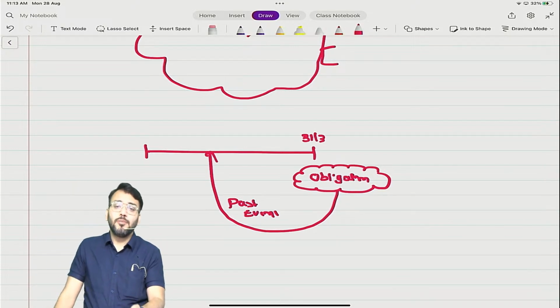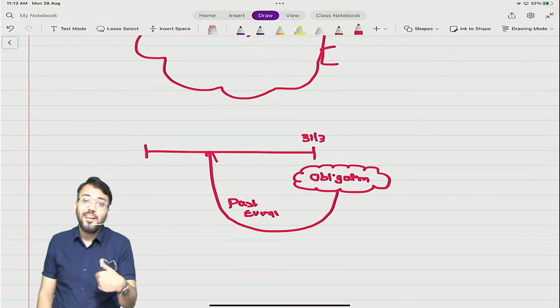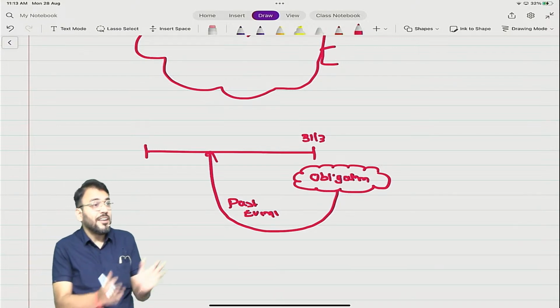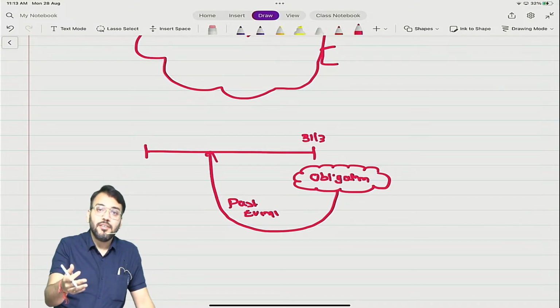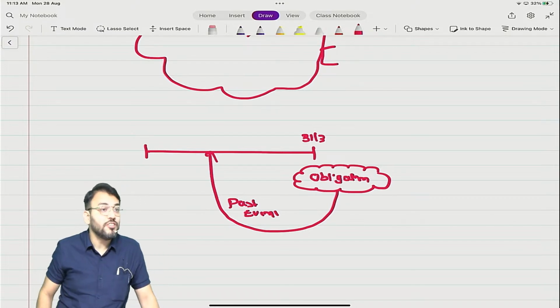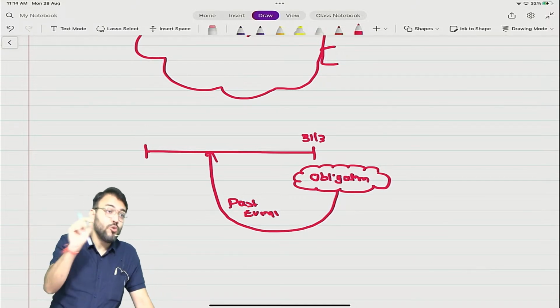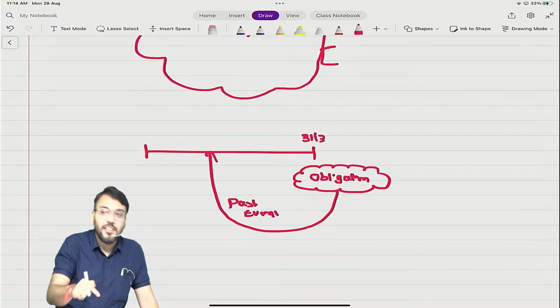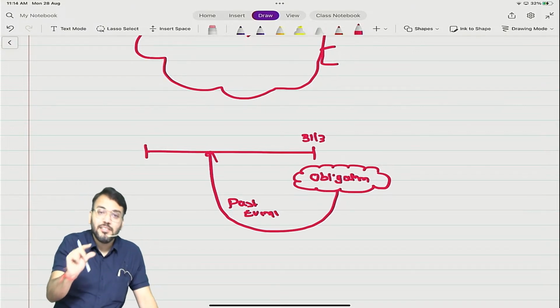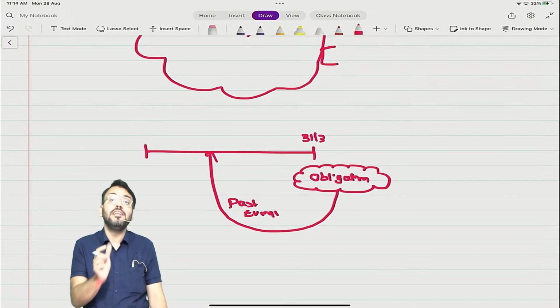There are some past events for which the obligation is already settled. Quite possible. So all past events will not give rise to an obligation on the balance sheet date. We need to consider only those past events which give rise to an obligation on the balance sheet date, and those past events are known as obligating events.